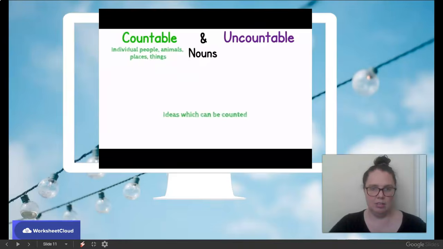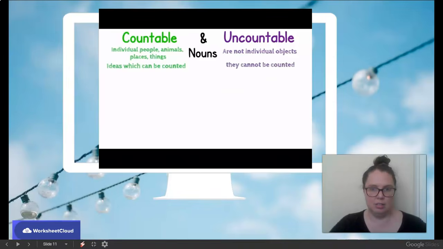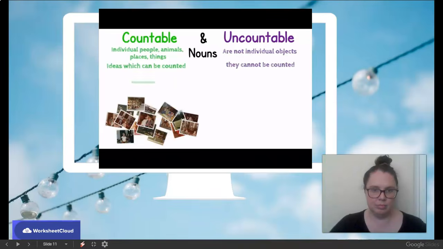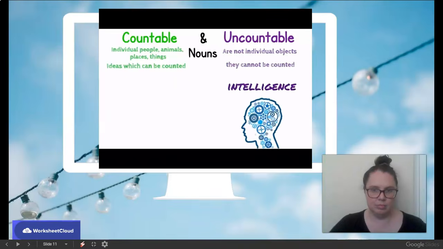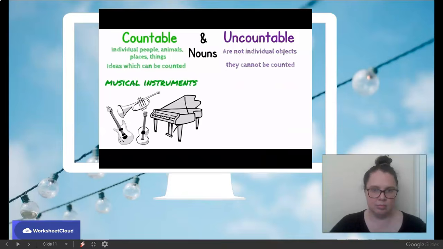Countable and uncountable nouns. Countable nouns, individual people, animals, places, things, ideas which can be counted. Uncountable nouns are not individual objects. They cannot be counted. Let's check out some examples.